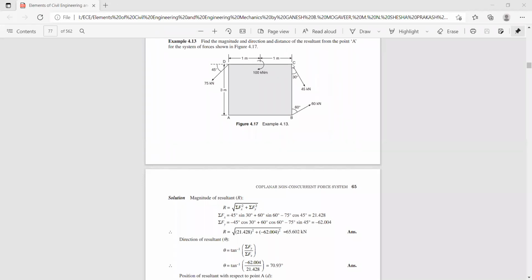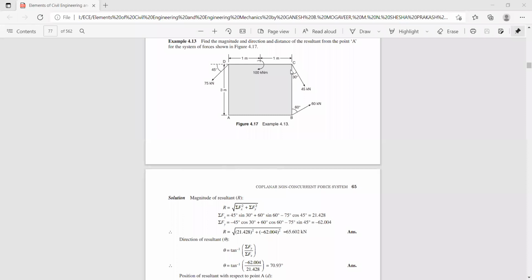Now here the horizontal component of this force is 45 cos 60. If you project back, it is acting like this. So 45 cos 60 is creating a clockwise movement at about this point. Hence plus 45 cos 60 into the perpendicular distance, which is 3.